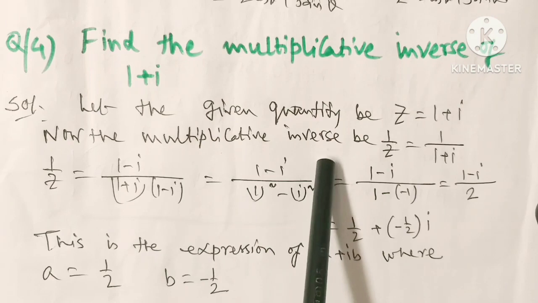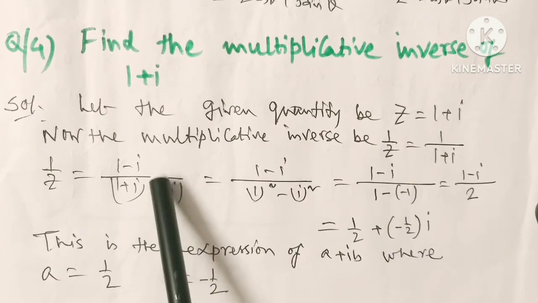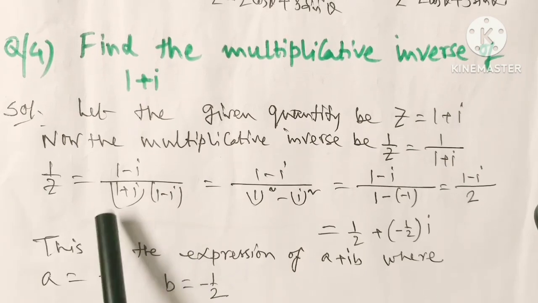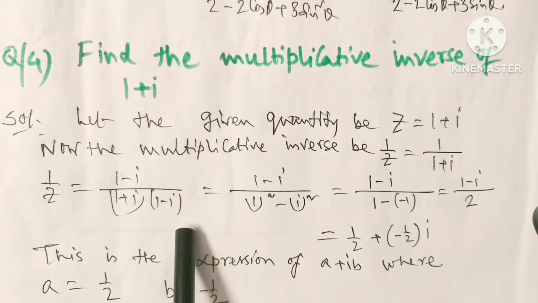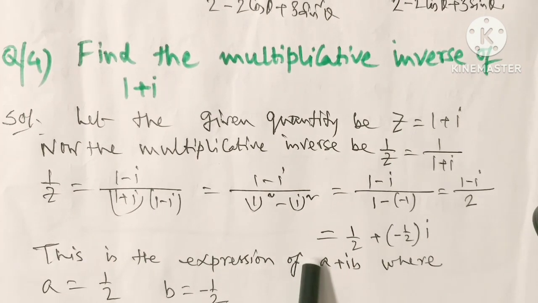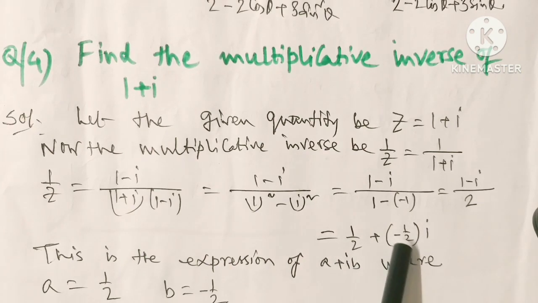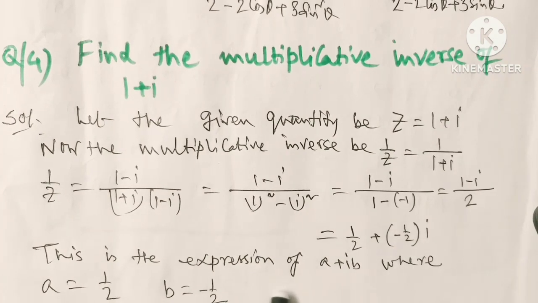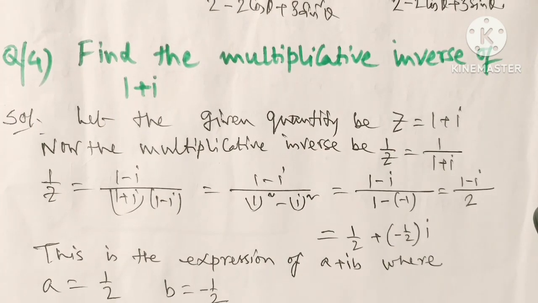Now the multiplicative inverse is 1 by z, that is 1 by (1 plus i). Multiplying 1 minus i in numerator and denominator, it becomes (1 minus i) by 2, and it can be separated as 1 by 2 plus minus 1 by 2 i. This is also a plus ib expression, where a equals half and b equals minus half.